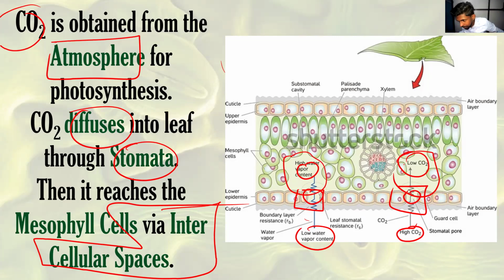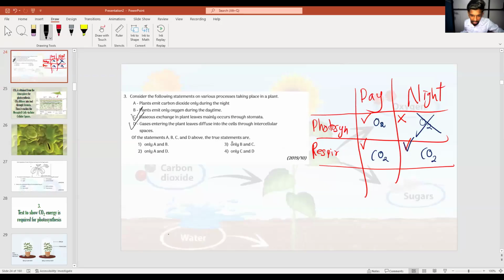This is the intercellular space. What are intercellular spaces? That gap is called an intercellular space. So now you know in the question here, C and D, both of them are correct. So only the fourth one is the answer. I hope that you have got the idea.